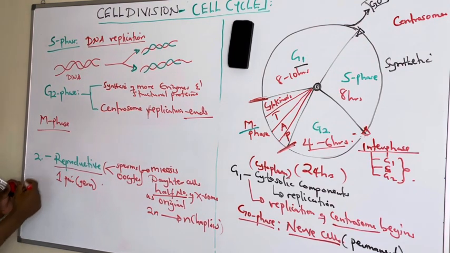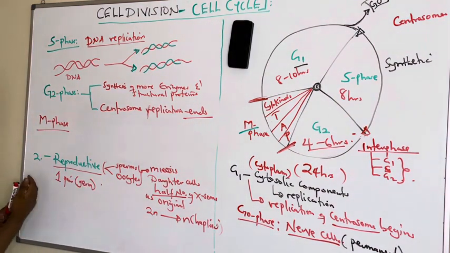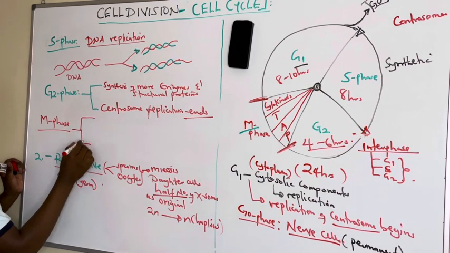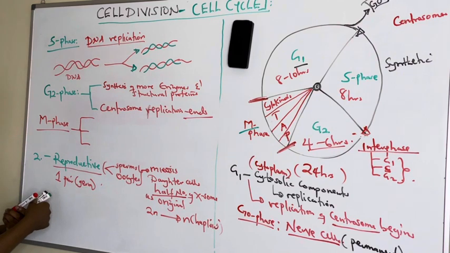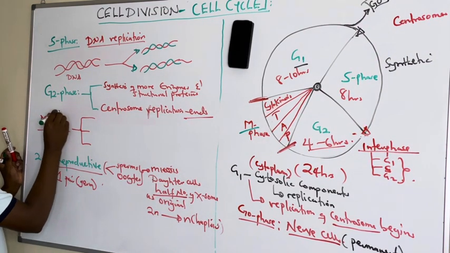So under M phase, you are going to see in the coming video that it takes short time, and it is divided into major 3 or 4 components. The mnemonic I use is PMAT.